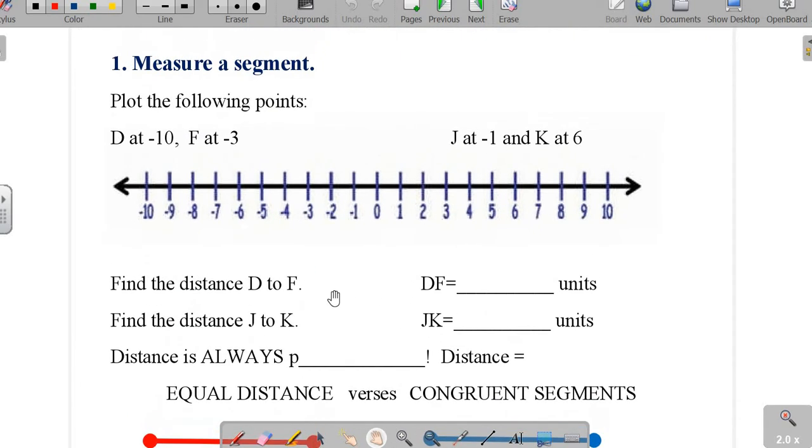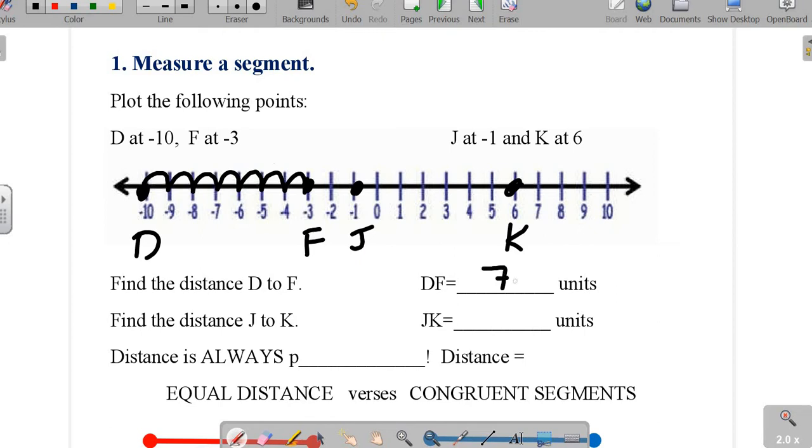Measuring a segment. D is at -10 and F is at -3. J is at -1 and K is at 6. Ready? We're going to find the distance between D to F. And it's 7 units.